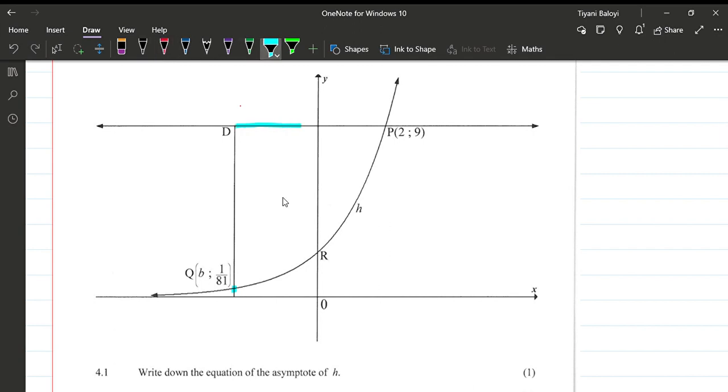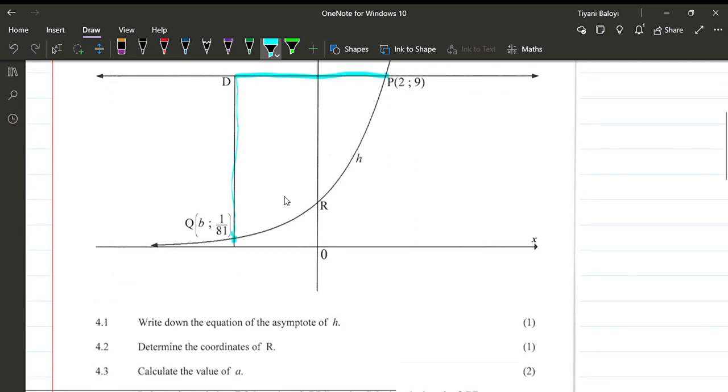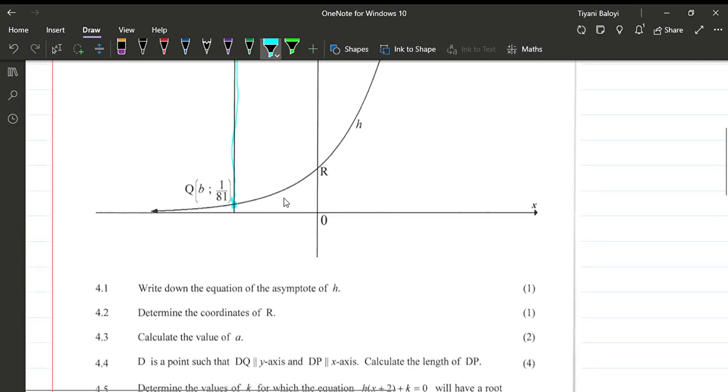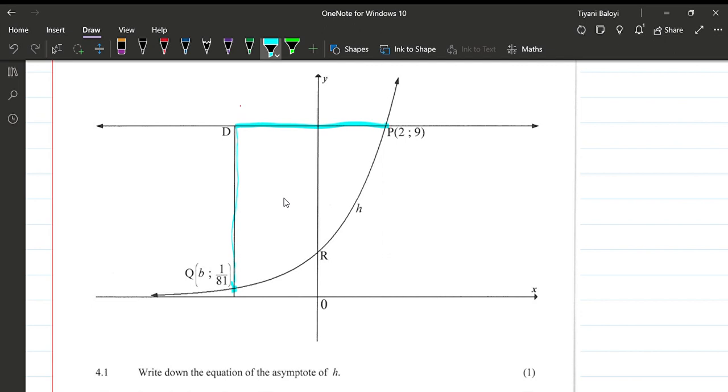We have this is DP, and then we have DQ, right? They say this is parallel to the y-axis, and this is parallel to the x-axis.